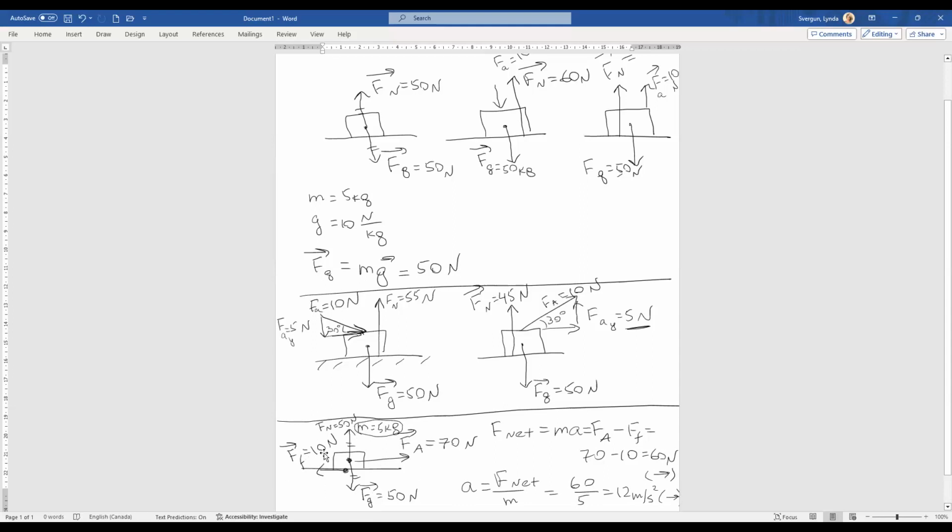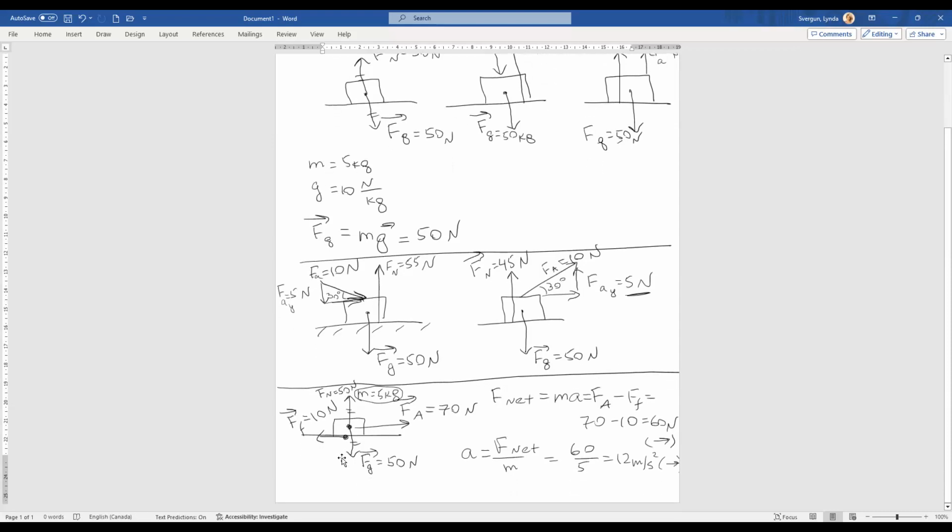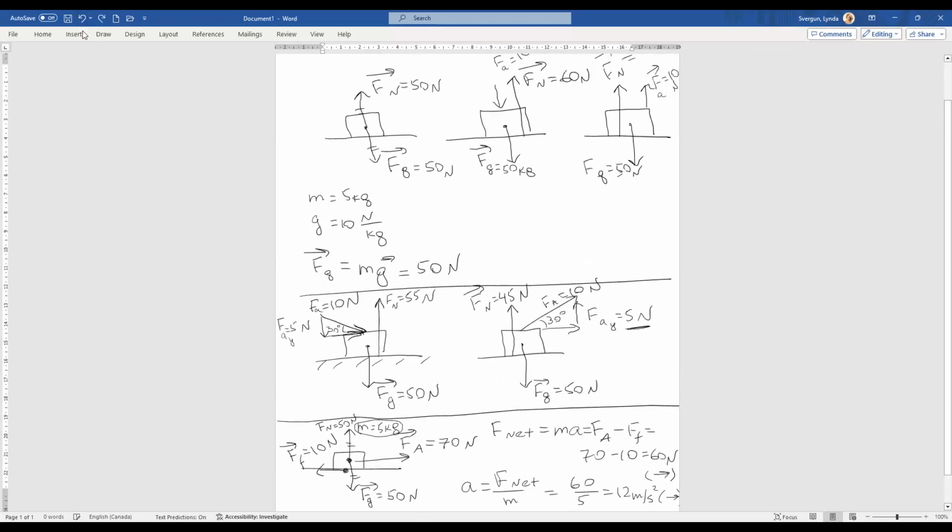I will mention when the object is moving with constant speed, all forces will be equal and opposite. Okay, actually I will extend to the next page.